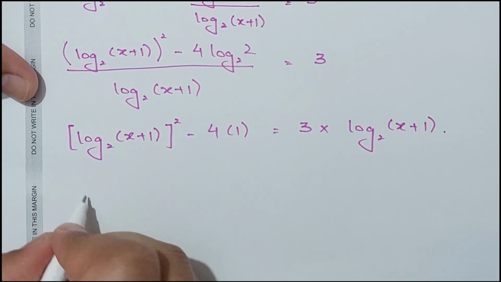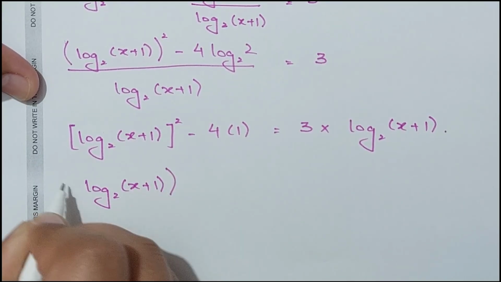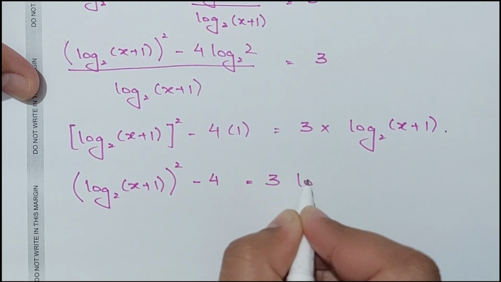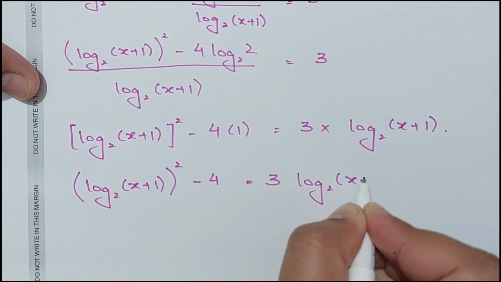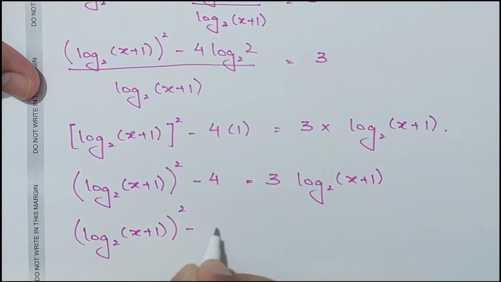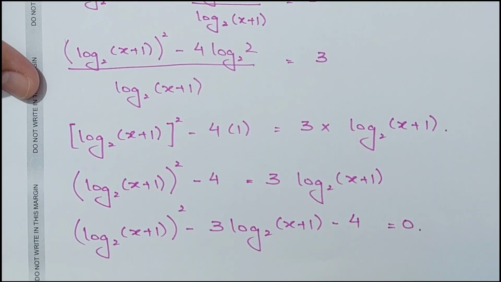Further simplification, we have log base 2 into x plus 1, its square, minus 4 equals to 3 log base 2 into x plus 1. So shift this term on the other side, it becomes negative. So log base 2 into x plus 1, its square, minus 3 log base 2 into x plus 1 minus 4 equals to 0.